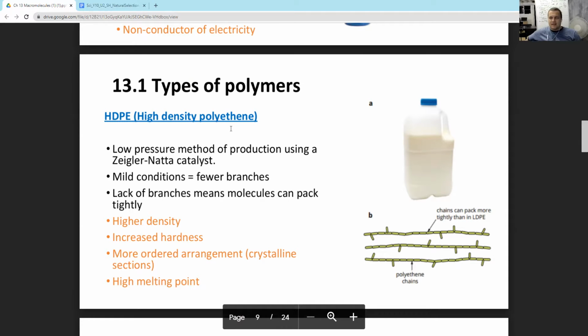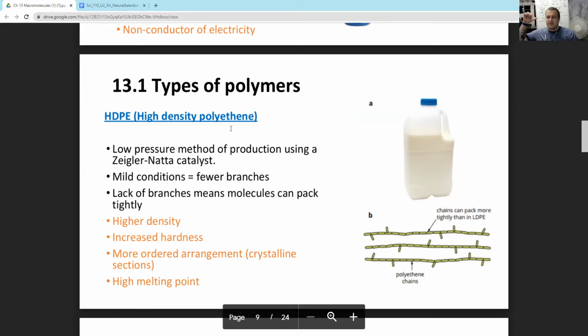So the chains, as Kai said, are smaller. So what this means is that there's a higher density. The hydrogen atoms are closer together, so we have stronger dispersion forces. The plastic is hard because it's tough.